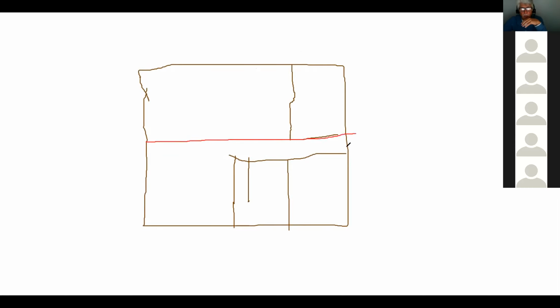So there's a very good chance that there could be columns sitting in here somewhere, transferring the load from the roof down to the basement. And I wouldn't be surprised if you go in the basement, you should measure where those columns are located, and then go on the ground floor and see if you have some partition there. So this is my beam here. So I need to annotate.